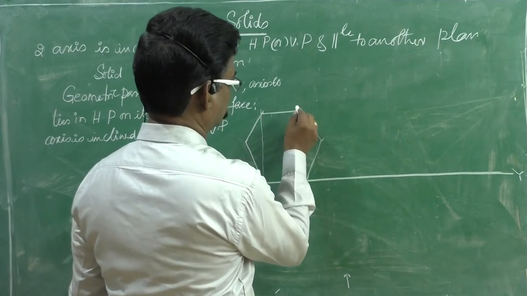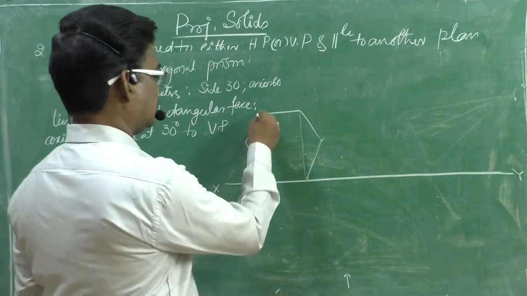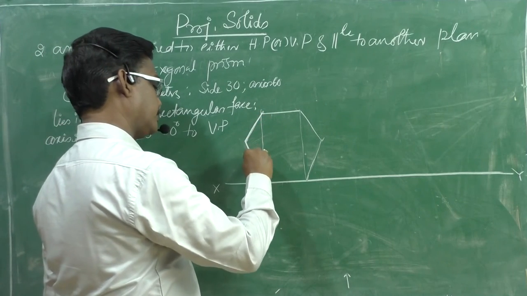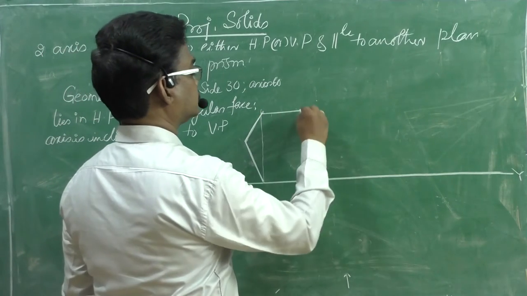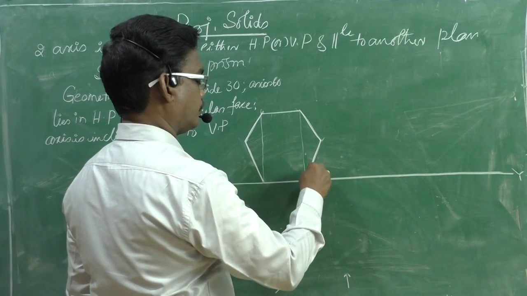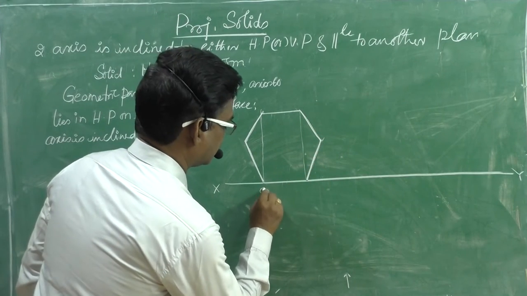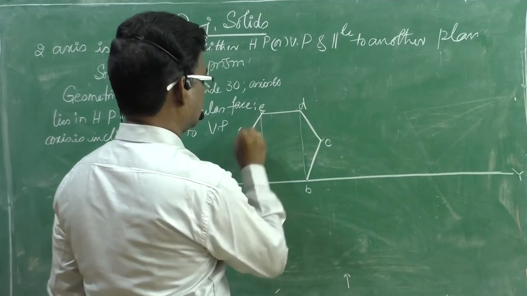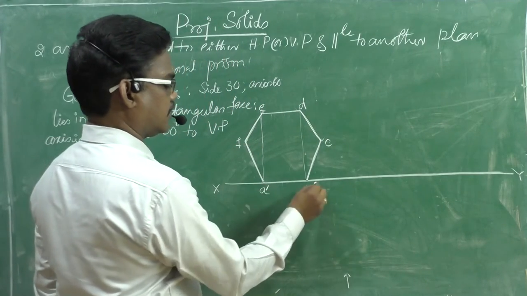Obviously this will be 30, okay? Therefore, this is the simple position front view. Let it be A, B, C, D, E and F. This is the front view now.